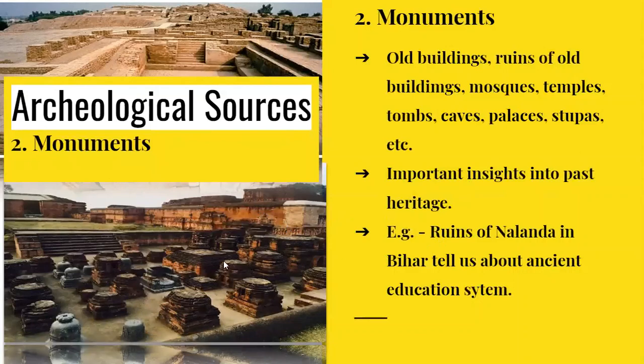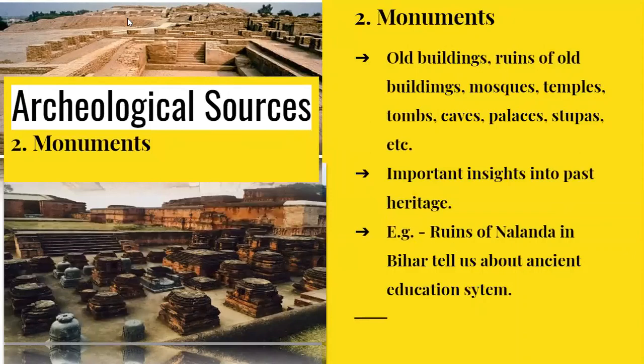Now, Nalanda University was formed somewhere around the 5th and 6th century BC. So these are basically remains from the 5th and 6th century, during the Gupta Empire. And this was a hub of scholars; people from all across Asia used to come here to study. So this offers a very interesting insight into the ancient education system.